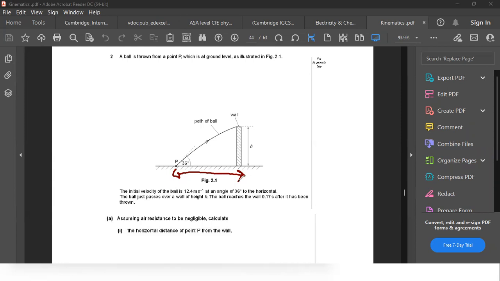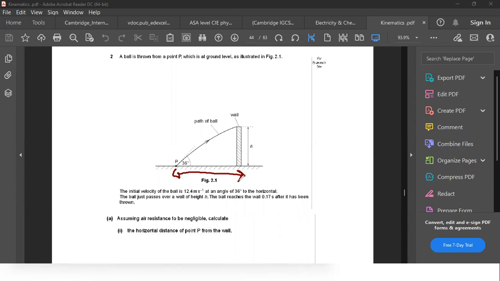Okay, right. So I guess first we find the vertical velocity, because we know one side and we know the angle. Oh, never mind. Would it be easier to find the horizontal? If you want to find the horizontal distance, you need to find the horizontal velocity, because we know the time.